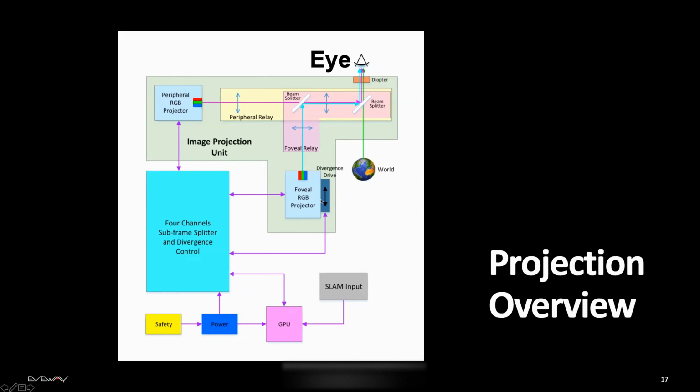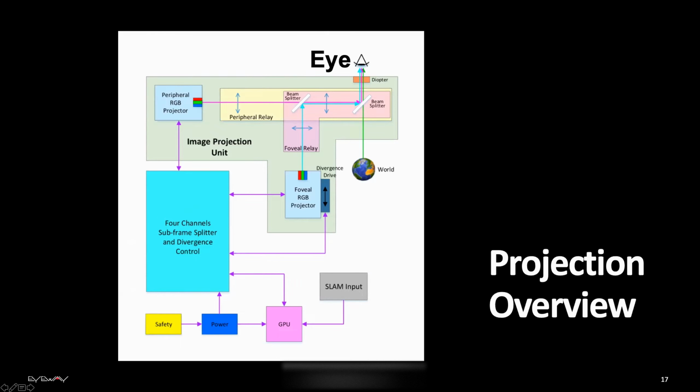Therefore, we are able to create a varifocal experience for the foveal part. All that is controlled by the 4 subframe splitter, which today is an FPGA. In the future, it will be an ASIC. And these images go into an optical relay.